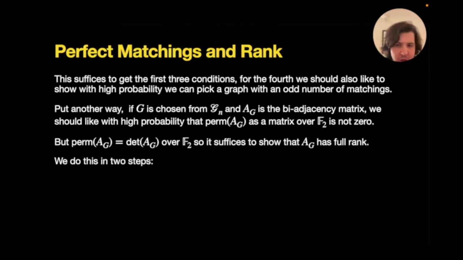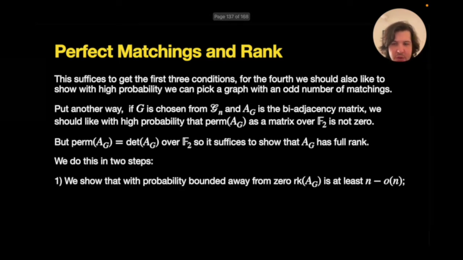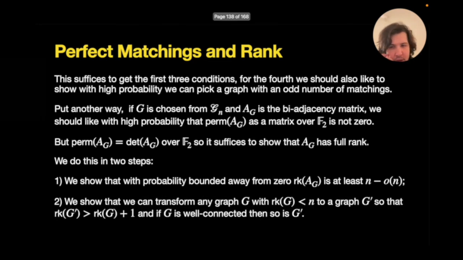And how do we go about showing that this matrix has full rank? Well, we show this in 2 steps. We show that with probability bounded away from 0, the rank of AG is at least n minus some sublinear factor, which doesn't quite get you there.